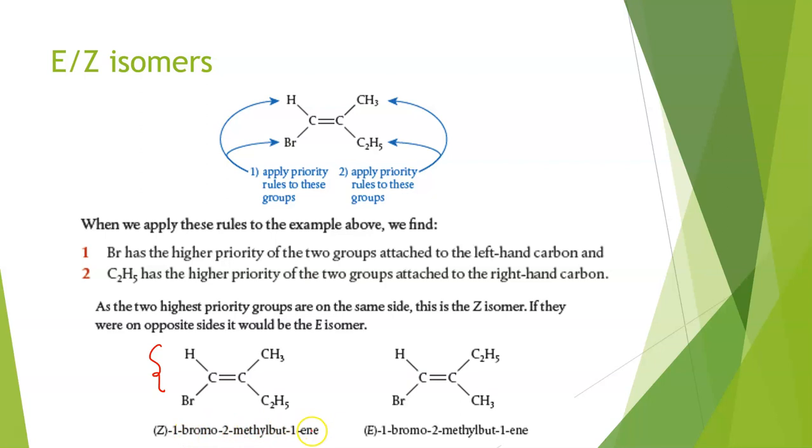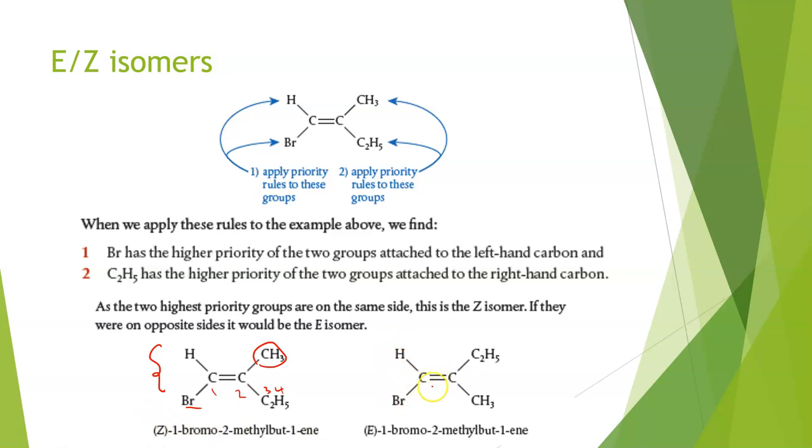We still need to find our longest carbon chain. Okay, so we're still going to be going 1, 2, and then 3 and 4 for the 2 out here. So we have 1-bromo-2-methyl, name it as we normally do, but-1-ene, but it is going to be the Z configuration.